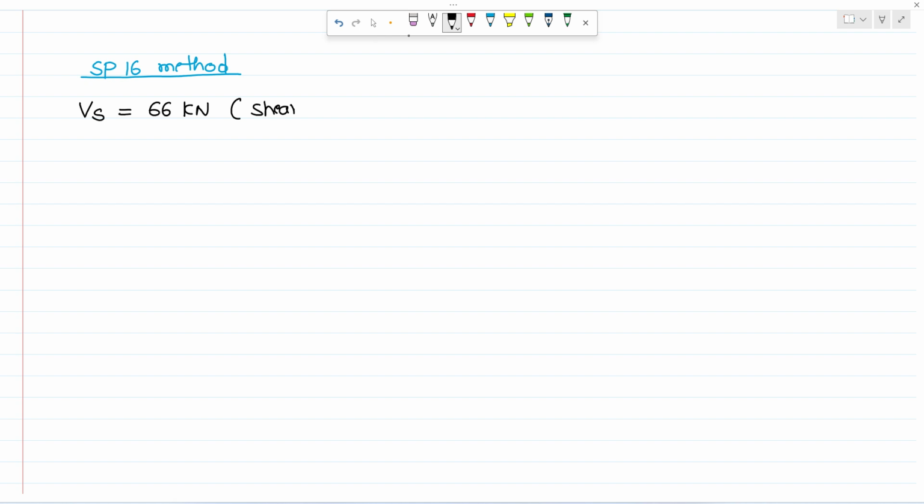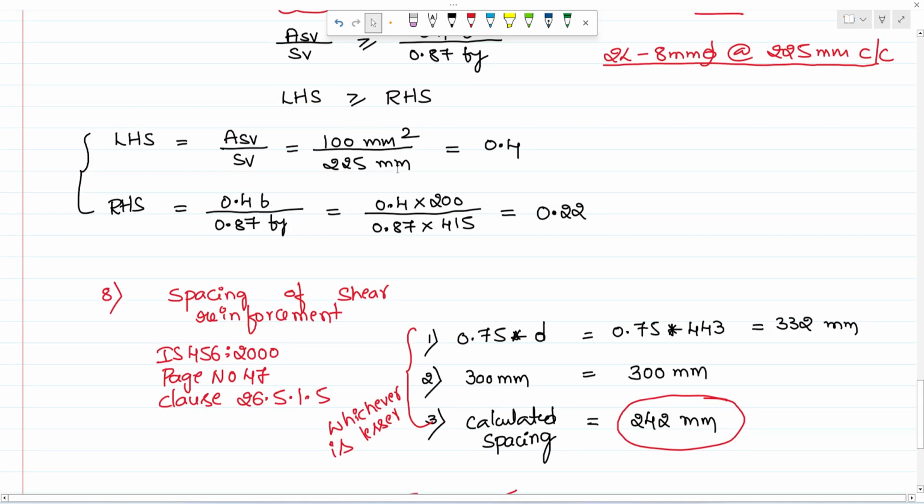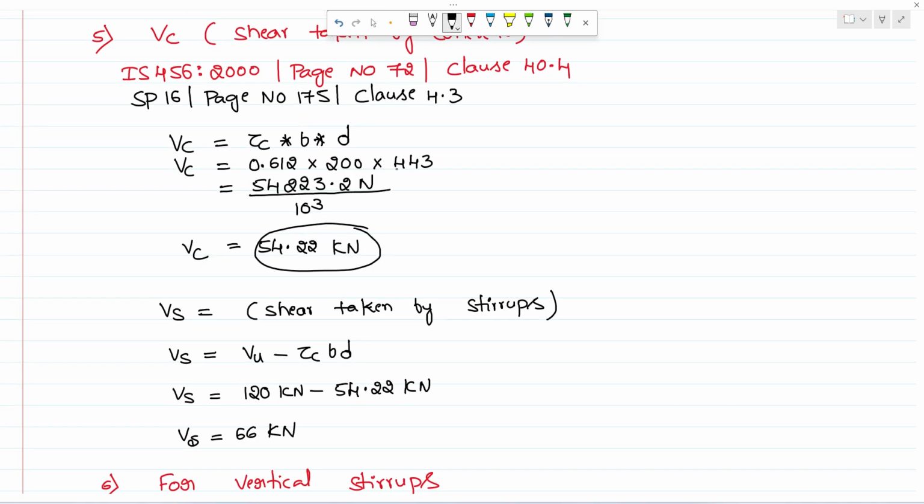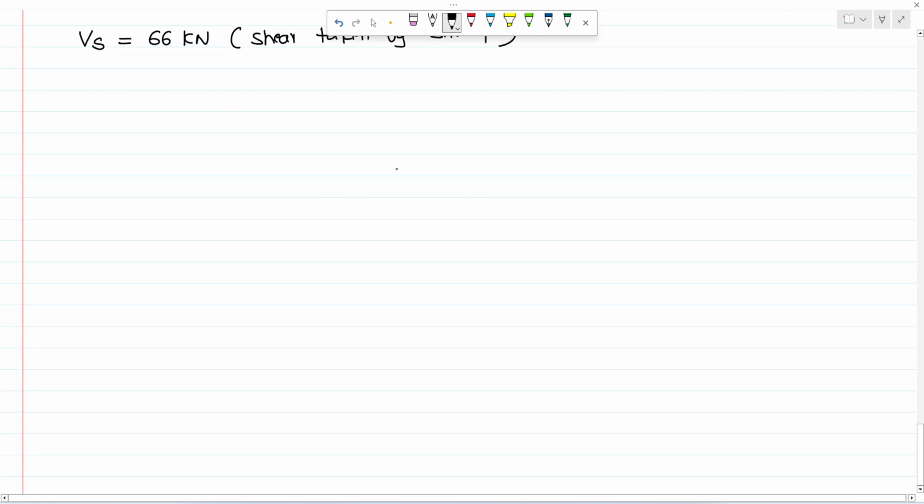So shear taken by stirrups, Vs. Yes, Vs is 66 kilonewton.